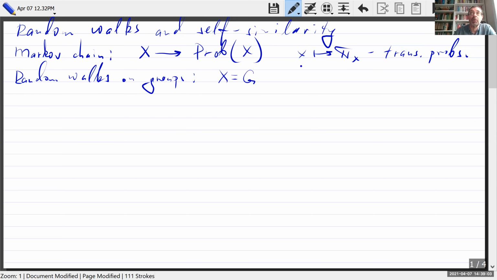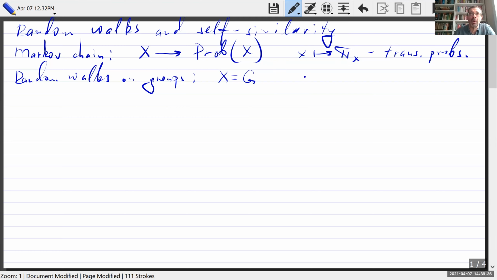I have this map, which assigns to any point the corresponding transition probability from this point. Once I have this group structure, it is natural to require that this map respects the group structure. In other words, I want this map to be equivariant with respect to the group action, which means that now I only have to define one transition probability at the identity of the group.